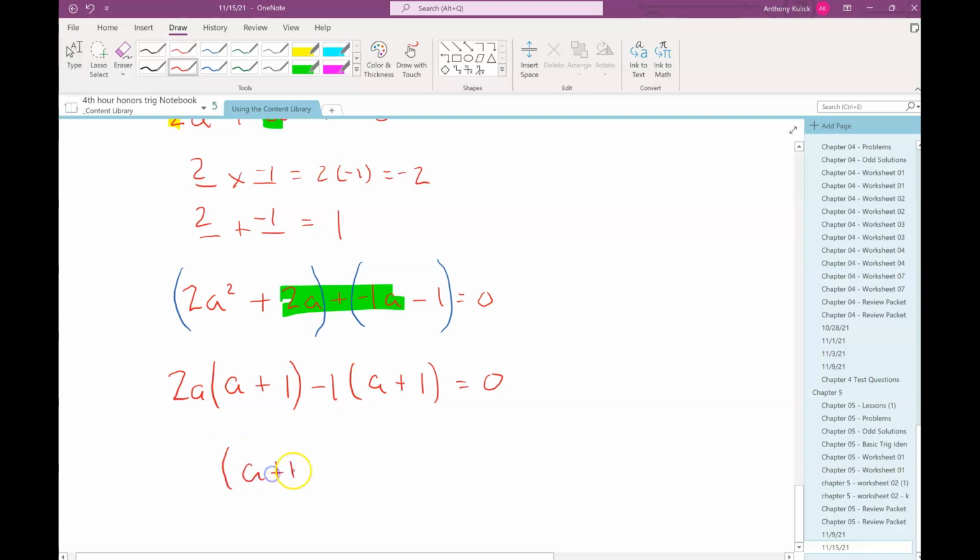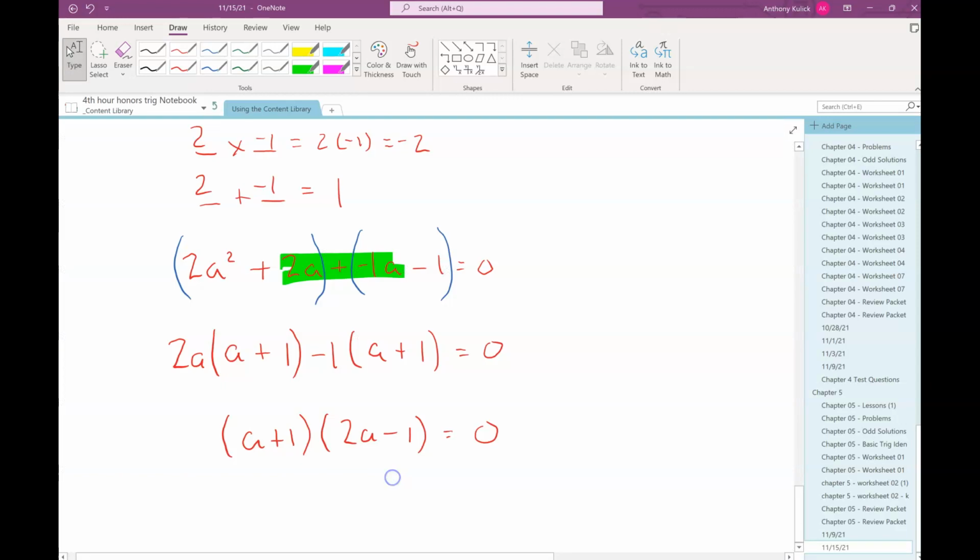So if I factor off that a plus 1, I'd have 2a minus 1 left. So now we're factored. But remember, in the original problem, really, we weren't solving for a. We were solving for x. So I need to go ahead and put back those cosine x's.